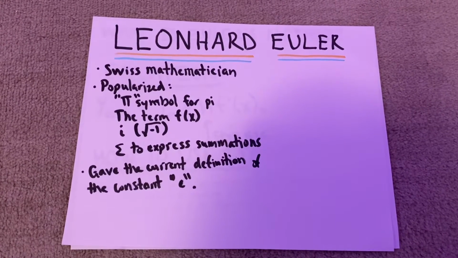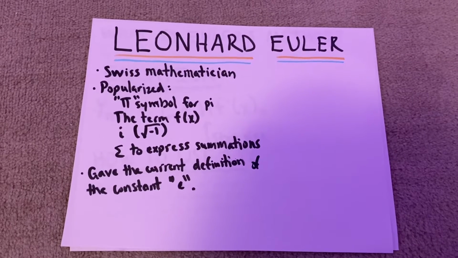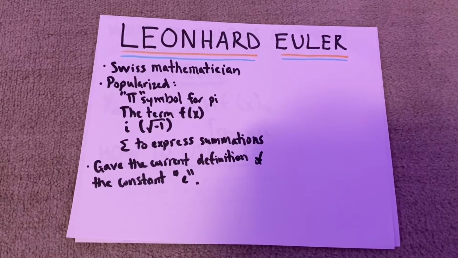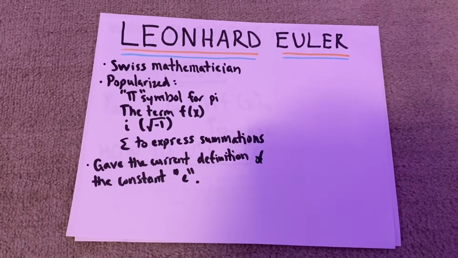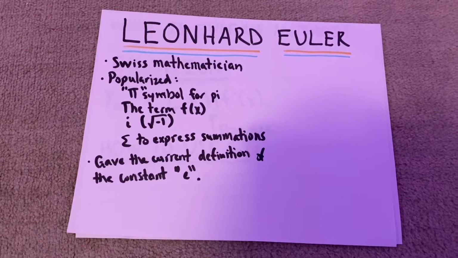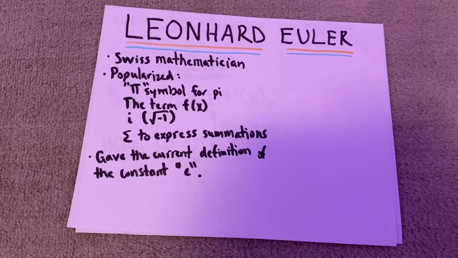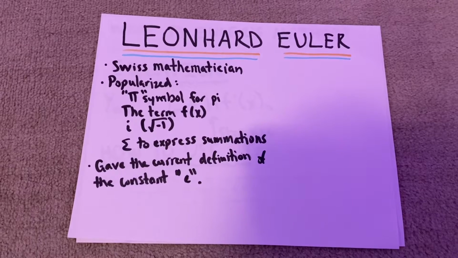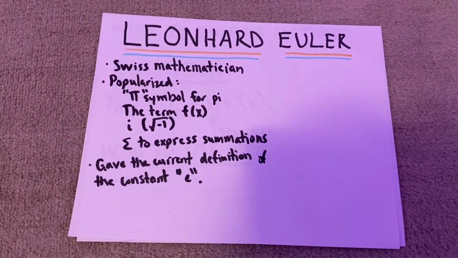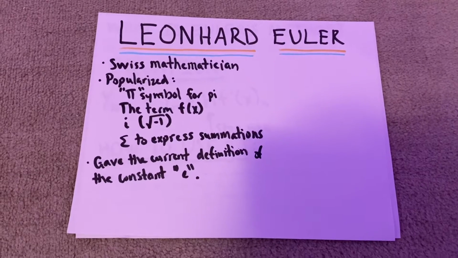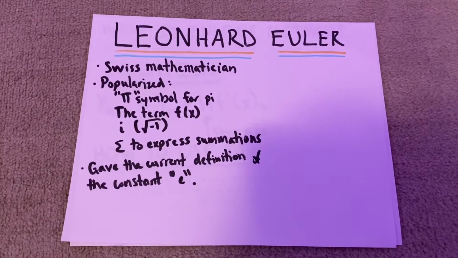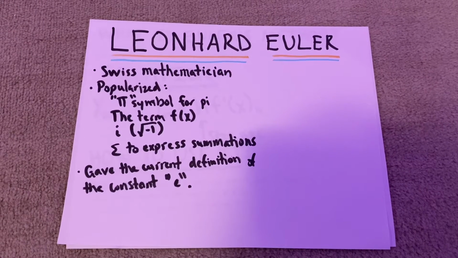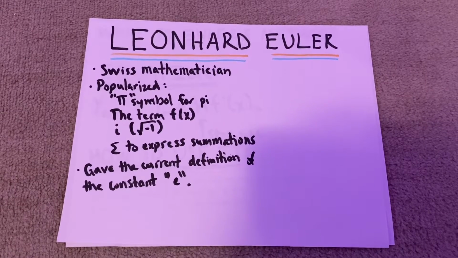It's named after Leonhard Euler, who is a Swiss mathematician who lived in the 1700s, and he was really brilliant. He popularized so many things, such as using the symbol that we use for pi, coining the term f of x to describe a function, coining the use of the letter i to represent the square root of -1 or imaginary numbers, and coining the summation sign, as well as giving the current definition of the constant e, which is also known as Euler's number.